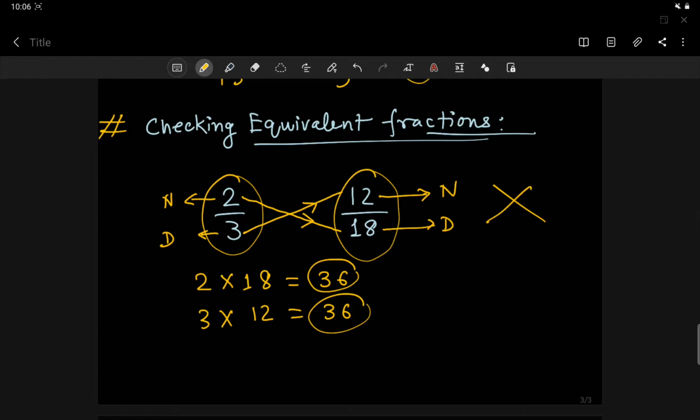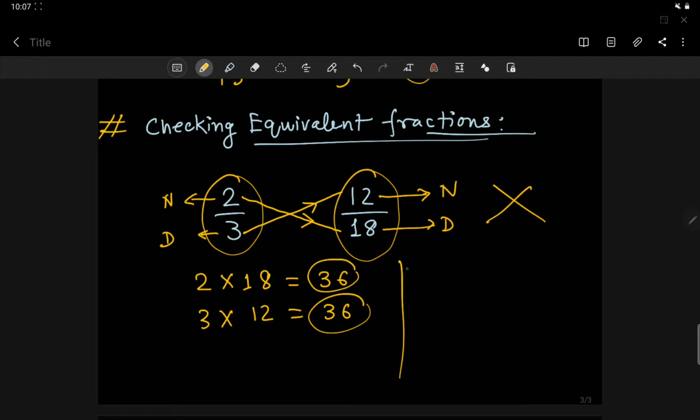Cross multiplication means multiplying the numerator of a fraction with the denominator of the other fraction, and multiplying the denominator of the first fraction with the numerator of the other fraction. You just put a cross. This is the way of checking equivalent fractions.